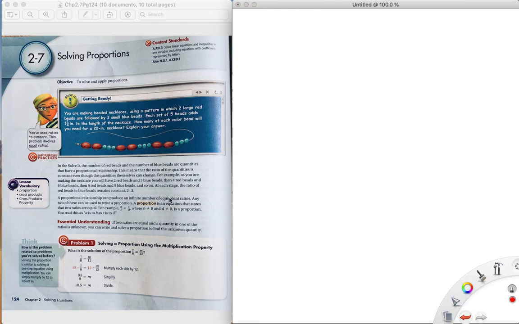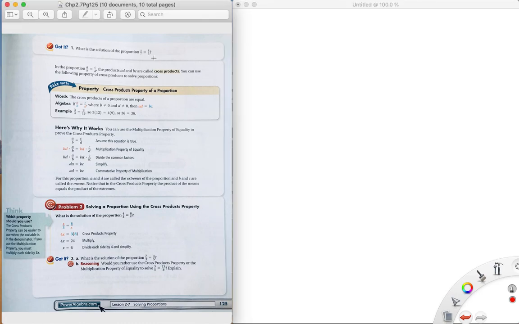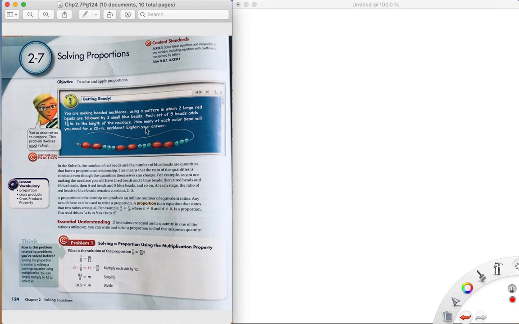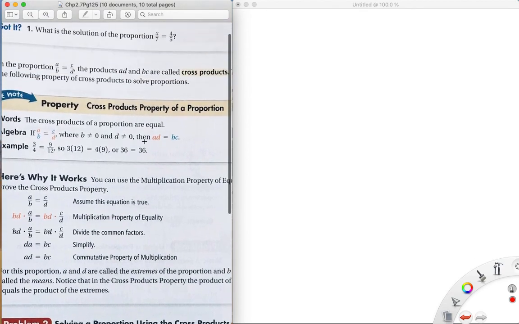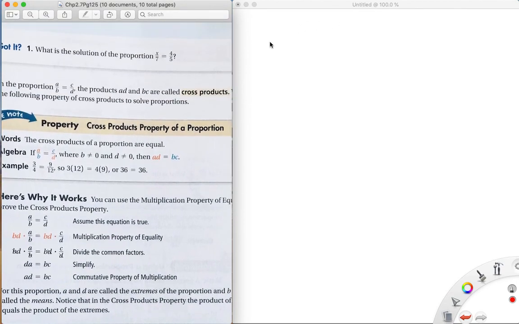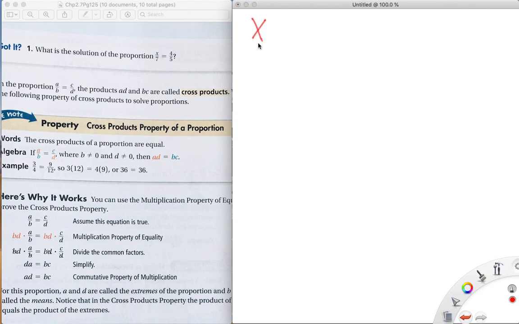So when they want us to find a solution to a particular problem, and I know that they are equal to each other, I can, in this case, multiply both sides by 7 so I can get rid of the 7 down here.